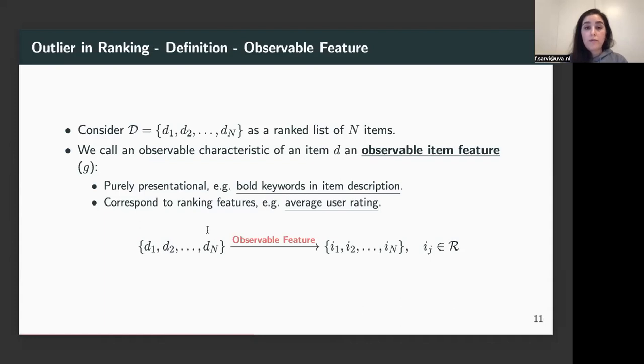You can have several features and you can use any combination of these values to translate these items to some values so that we can find the outlier. But let's assume for now that we are talking about a single feature.